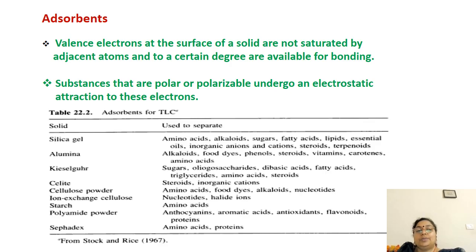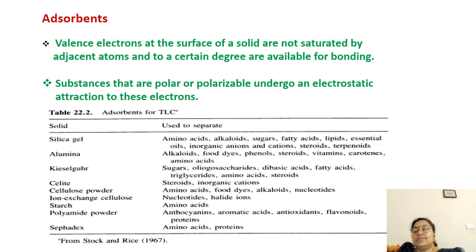Next is adsorbent. Valence electrons at the surface of a solid adsorbent are not saturated by adjacent atoms, and to a certain degree they are available for bonding. The substances that are polar or polarizable undergo an electrostatic attraction to these electrons.